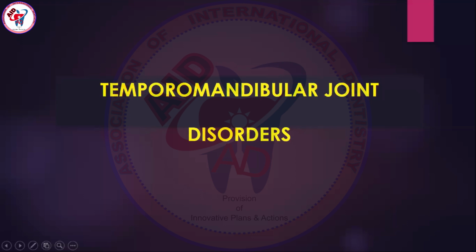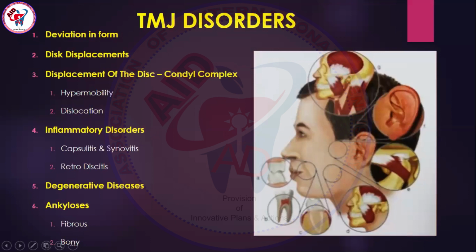Ladies and gentlemen, while we are talking of temporomandibular joint disorders, we have a line of diseases, and this is just a rough ABC in front of you. That is deviation in the form of the condyle, whether in the glenoid fossa or at the top of the temporomandibular condyle head.